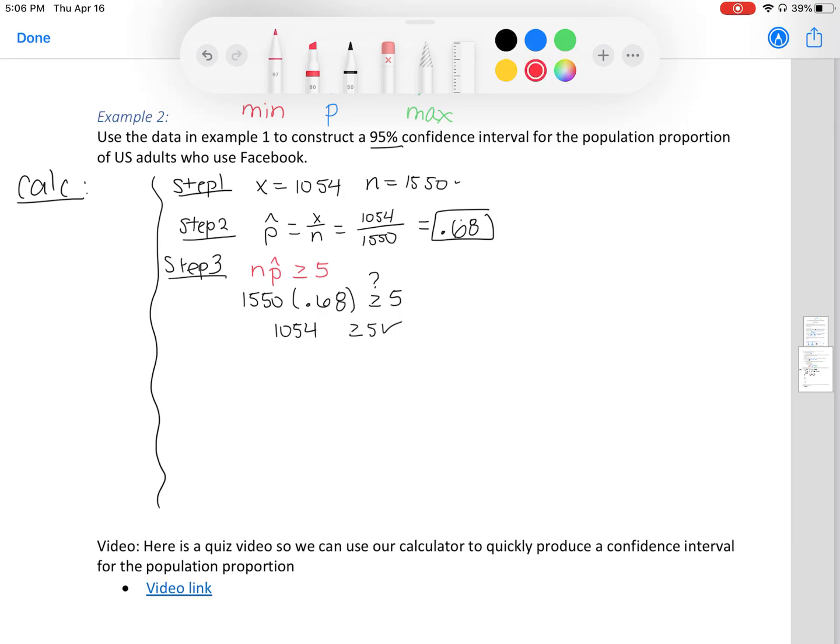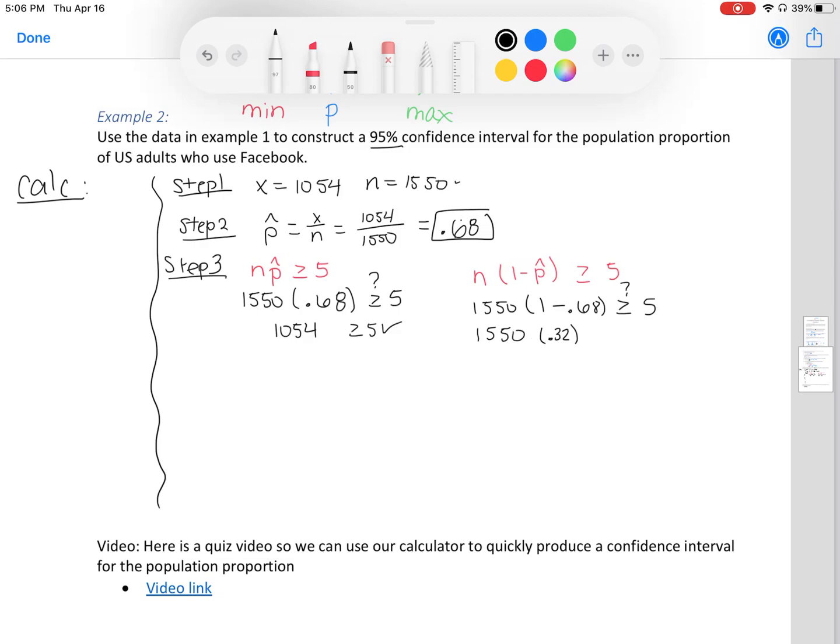And there's a second formula I have to check, and that's n times the complement, so 1 minus p hat. I need to make sure that it's more than or equal to 5. So n is 1550, and we have 1 minus 0.68, which gives us 0.32.